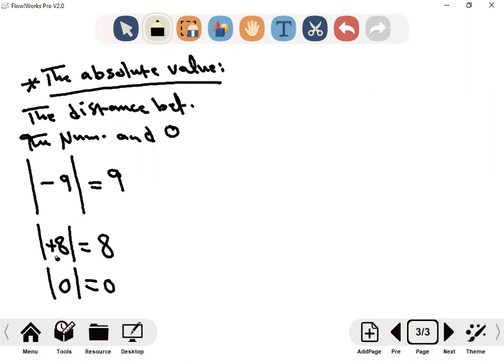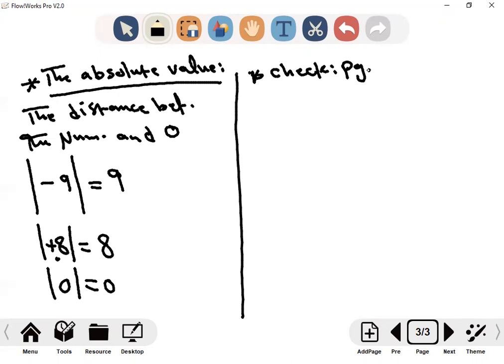Let's take the check after example 4. Check. Page what, guys? I will write the question for the people without books.